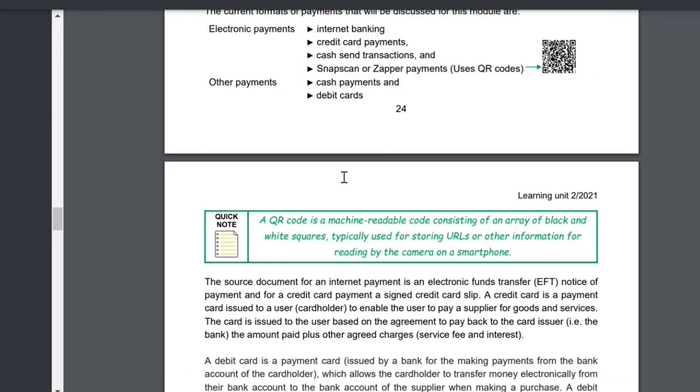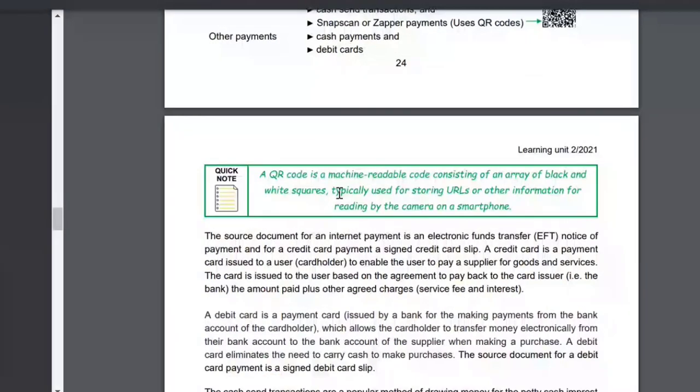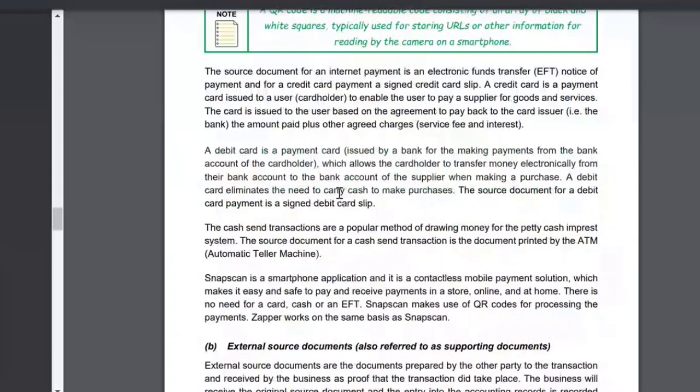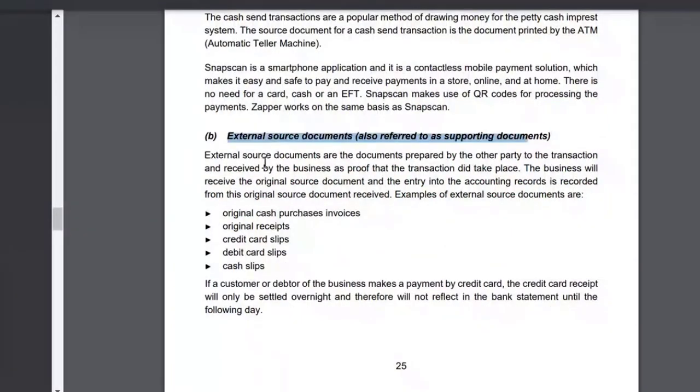So let me just go down. What are external source documents? External source documents are documents prepared by the other party to the transaction and received by the business as proof that the transaction did take place.